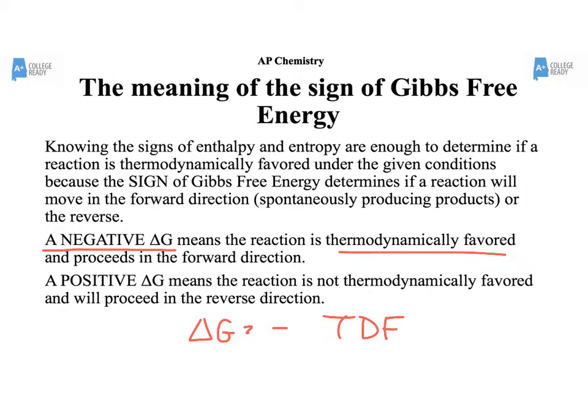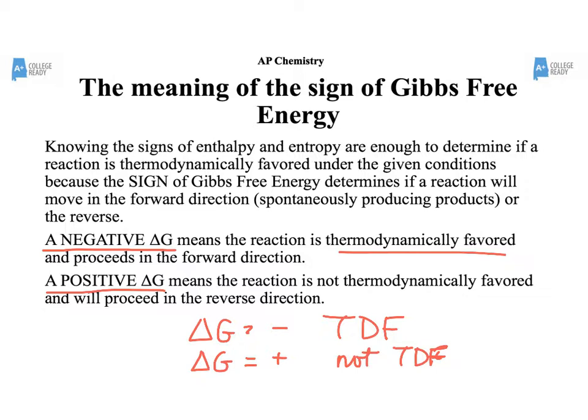If you end up with a positive delta G, that means it is not thermodynamically favored, which means under those conditions, the reaction will not produce the products that you are looking for.